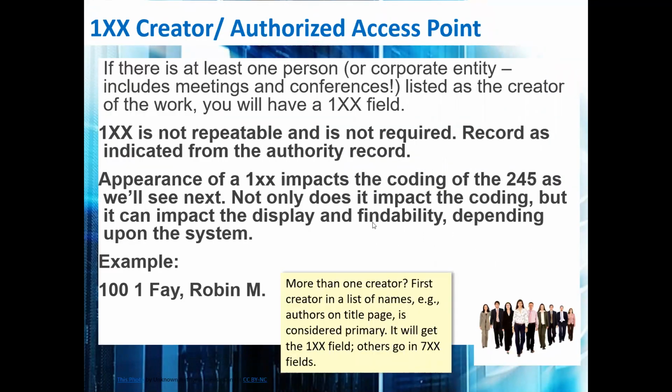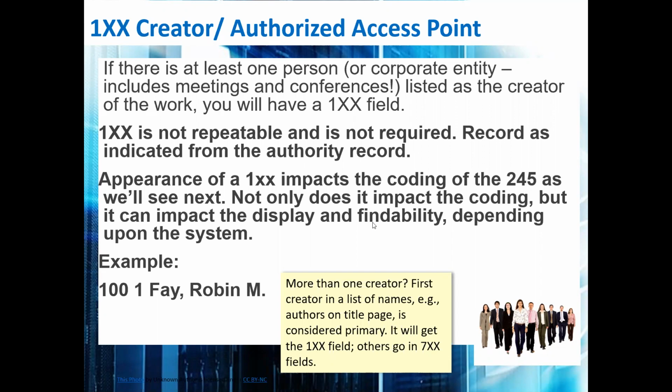1XX, this is where your creator goes. And this is that authorized access point. So it comes from your authority source. Typically the national authority file, or the virtual internet authority file if you need to access an authority file and you don't participate in some kind of authority program.